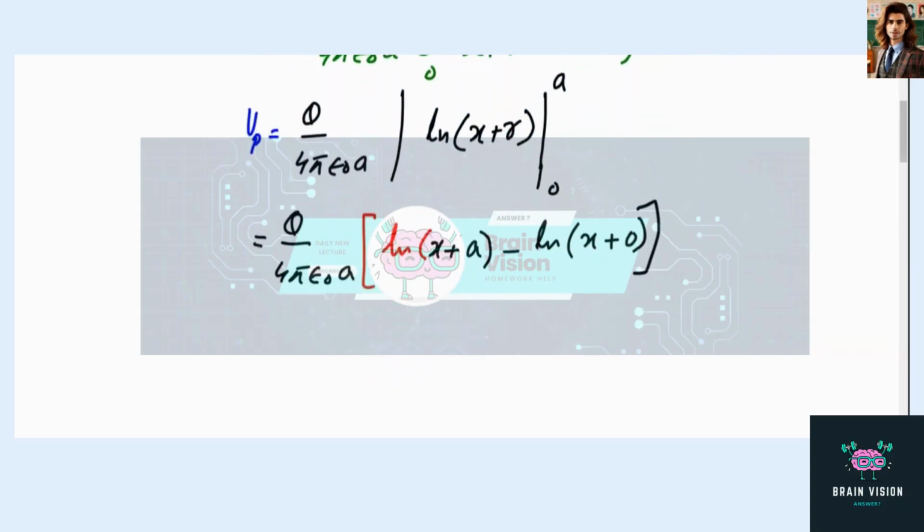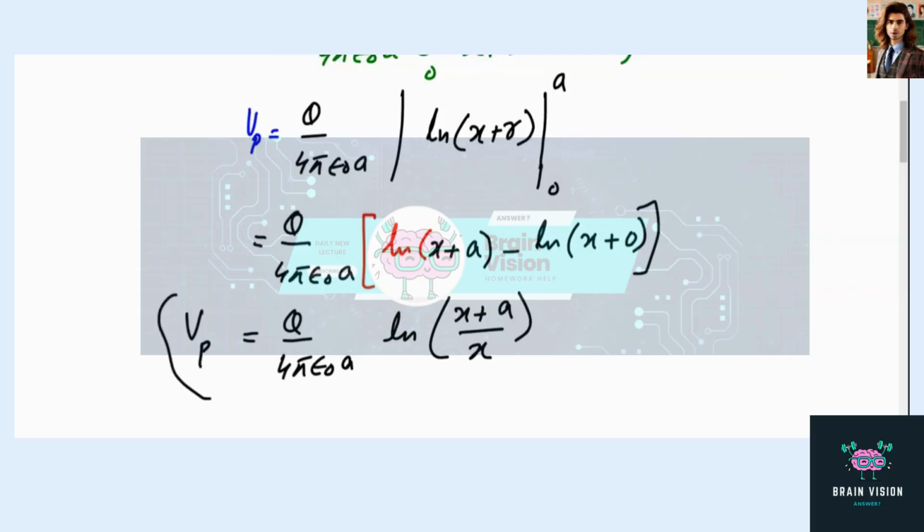By using the formulas for logarithm, we can write q upon 4 pi epsilon naught times a ln of x plus a divided by x. So this is the electric potential due to this rod at point P.